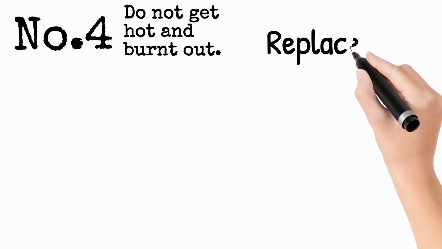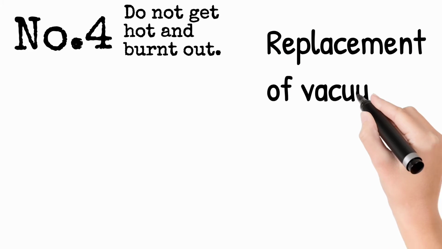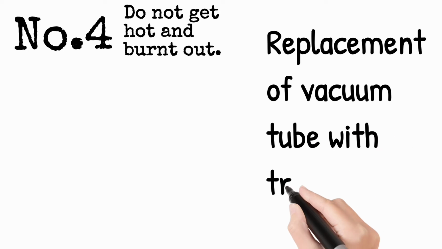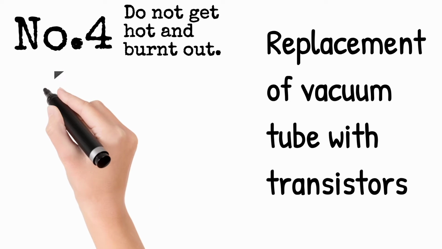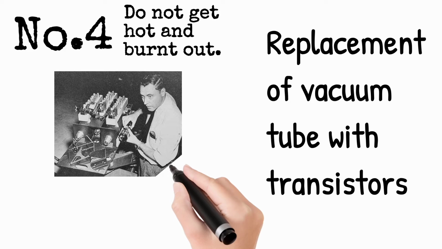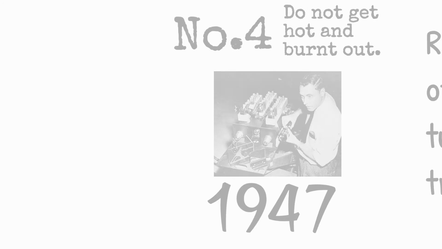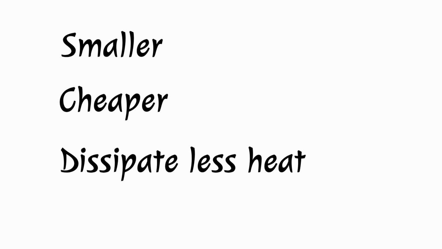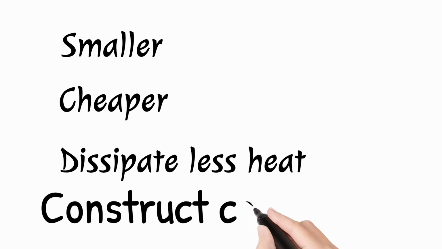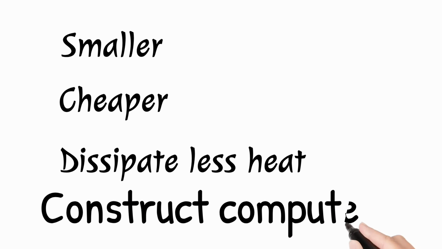The major change in electronic computers was the replacement of vacuum tubes with transistors. The transistor was invented at Bell Labs in 1947. The transistor is smaller, cheaper, and dissipates less heat than a vacuum tube, but can be used in the same way as a vacuum tube to construct computers.